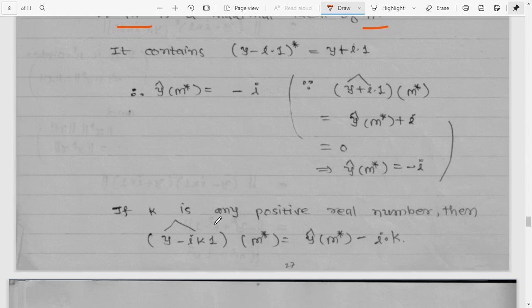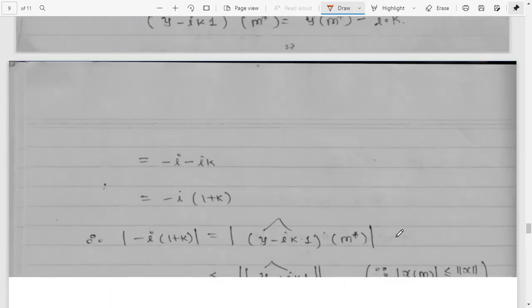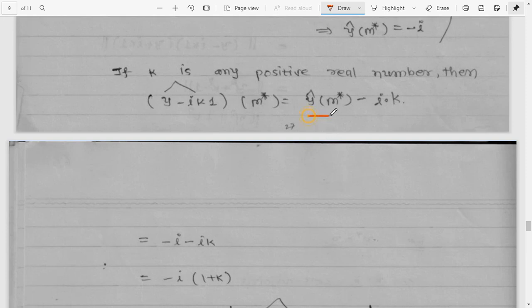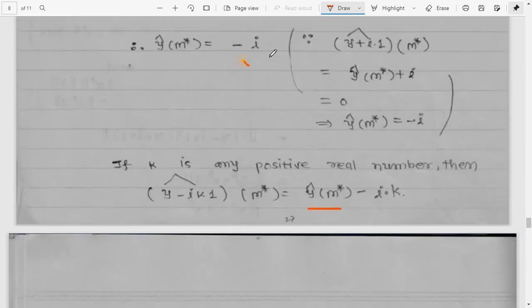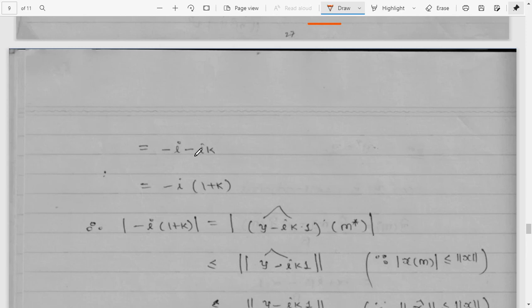If k is any positive real number, then the Gelfand transform of y minus ik·1 at m star is equal to y cap of m star minus ik. y cap of m star is equal to minus i, so minus i into k.